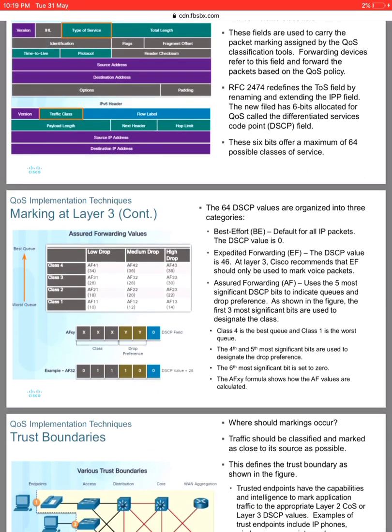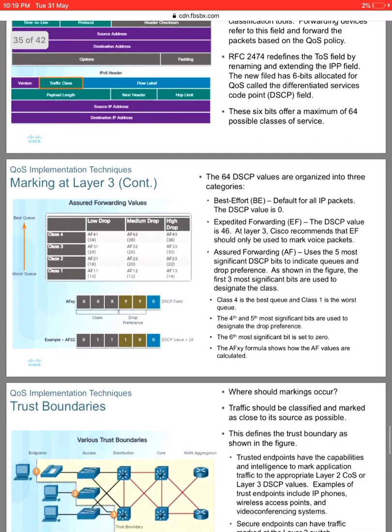RFC 2474 redefines the TOS field by renaming and extending the IPP field. The new field has 6 bits allocated for QoS, called the Differentiated Services Code Point or DSCP field. These 6 bits offer a maximum of 64 possible classes of service.